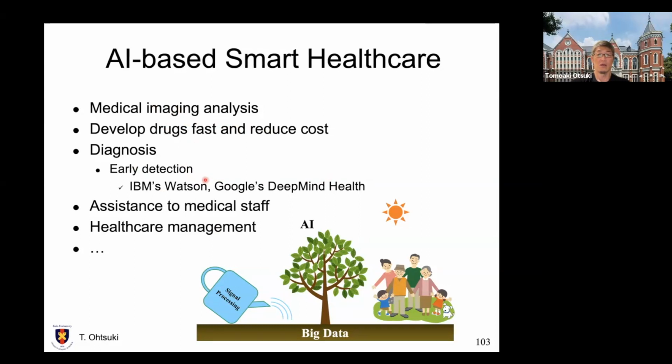So I can say AI is very important in the medical area, and if you're interested, I hope you do something in this area. In such a case, it's better to note that signal processing knowledge is still very important. Not just AI, but traditional signal processing, you need to know and understand.